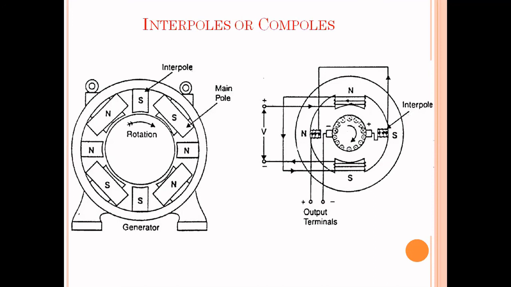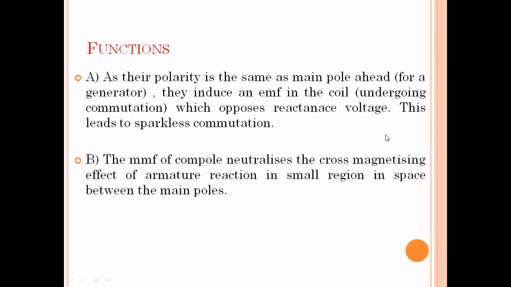Hence by using this interpole MMF we cancel the reactance voltage, which is in the opposite direction of the interpole MMF, and hence we neutralize the reactance voltage. So this is the best method. The interpole method is the best method to neutralize the reactance voltage.